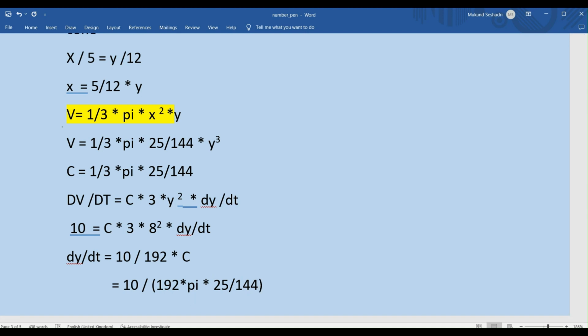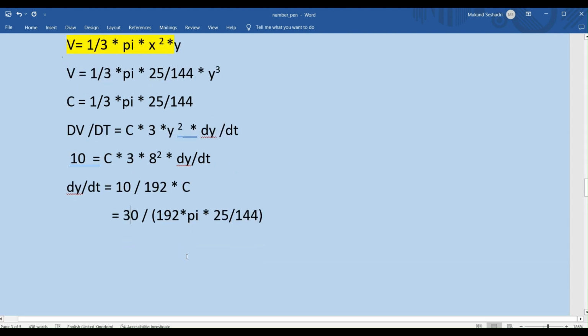So 3 goes to the numerator, so we have 30 here, right? And you've got 144 also going to the numerator. So it becomes 144 into 30 divided by 192 into 25 into pi, right?